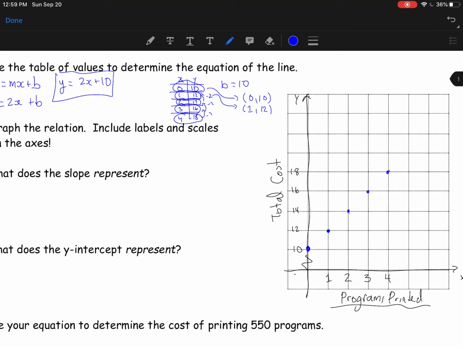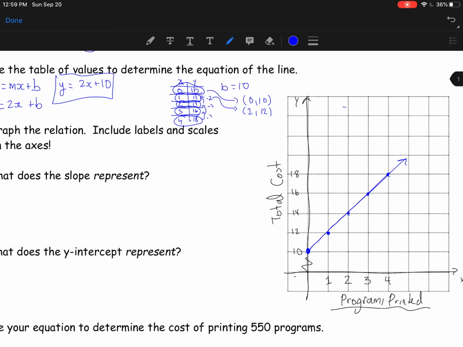As you can see, they all line up perfectly, so we know we've done it right because we're working with linear lines. And then we just need to draw our line, and we're done. Now you can see in this graph, I didn't include any of the negative side, right? But it's impossible to have a negative amount of programs purchased. So I don't need to worry about drawing a grid that looks like this because there is no negative side. In real life, you can't have a negative amount of programs purchased.